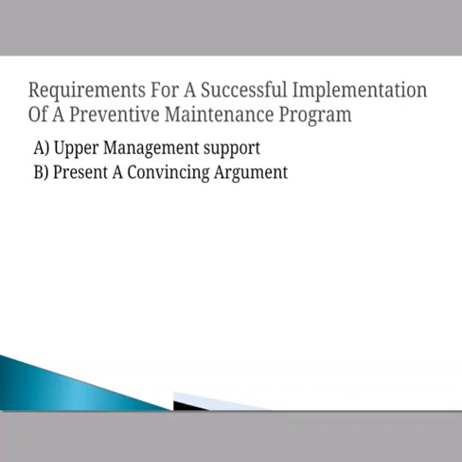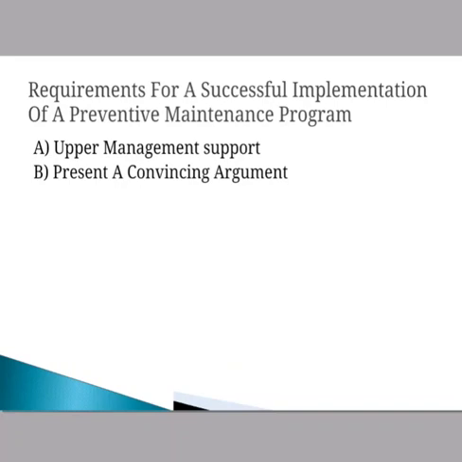We have to do the maintenance properly and carefully, and present a convincing argument for why we have to do the maintenance, to convince management: what technologies are used, and what technologies are required to operate or maintain the system properly. Convincing arguments are very important to implement preventive maintenance.